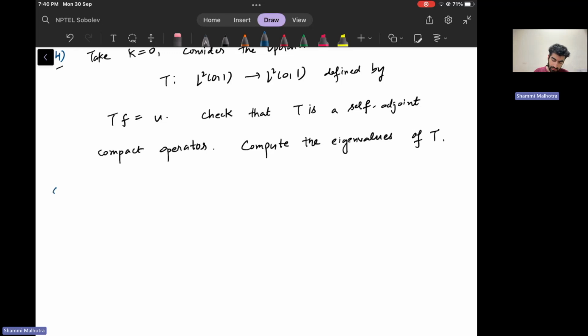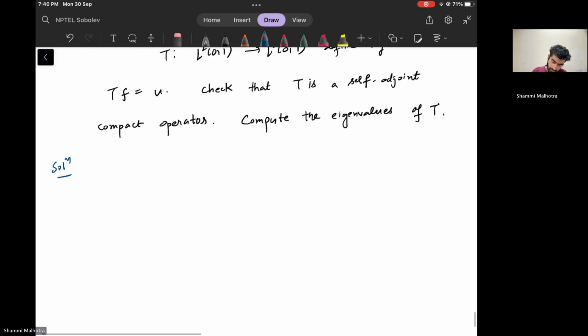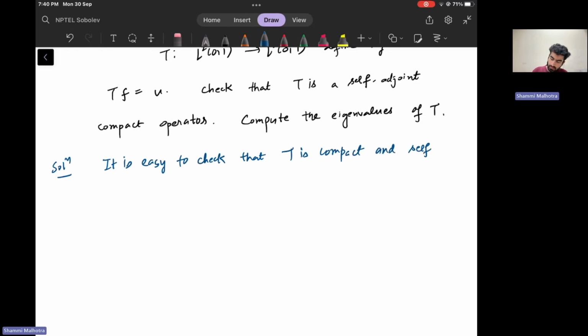So once k is 0, it's like the basic problem. And self-adjoint and compact is actually a direct consequence, and one can evaluate it, it's not that tough. So it is easy to check that T is compact and self-adjoint.